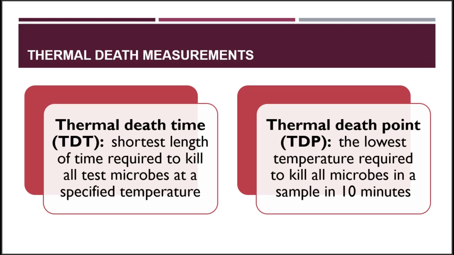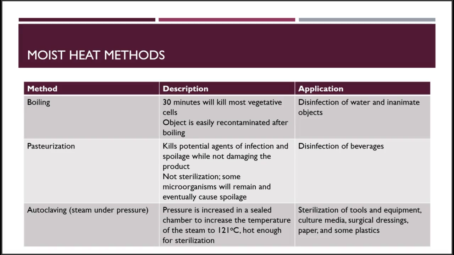Each of these can be used to evaluate the effectiveness of certain heat control processes. So we're going to look at first moist heat methods and the different methods that use moist heat in order to kill organisms.